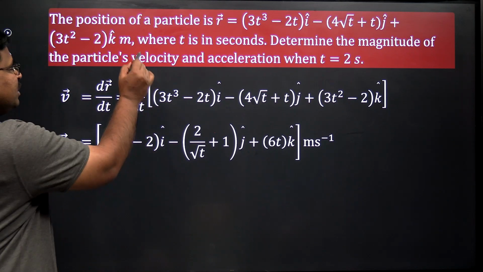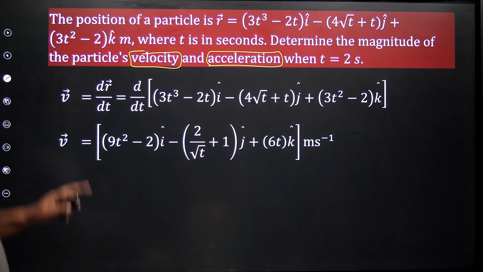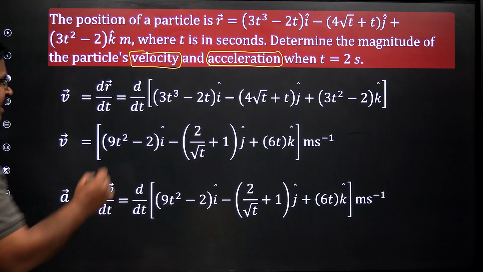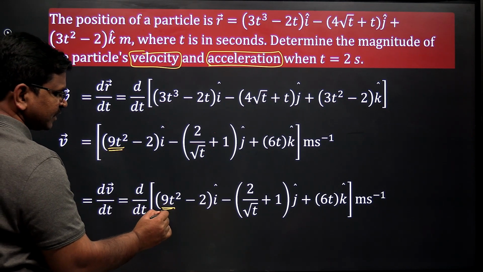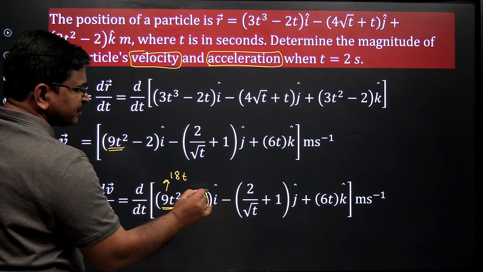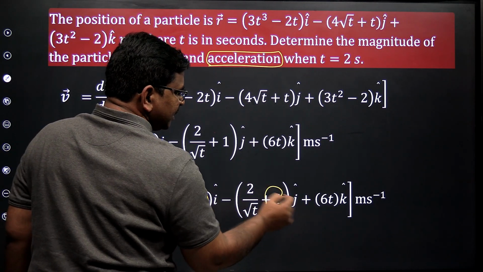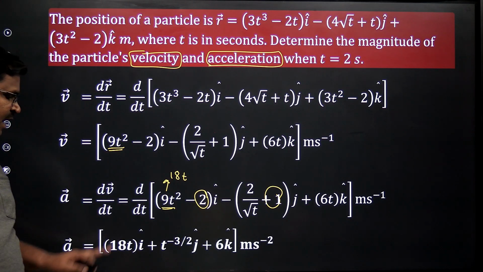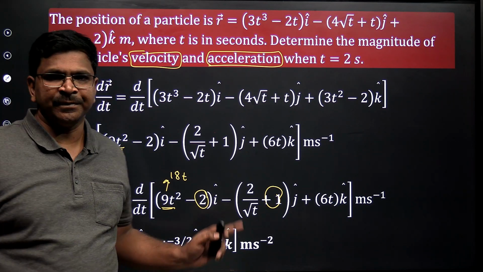The questions are not only about velocity, we have acceleration also. Acceleration is the first derivative of velocity, so a equals dv by dt. Again, the derivative of 9t square is 18t, the derivative of 2 by root t is minus t power minus 3 by 2, the derivative of 1 is 0, and the derivative of 6t is 6. So acceleration is 18t in the i direction, minus t power minus 3 by 2 in the j direction, plus 6 k.